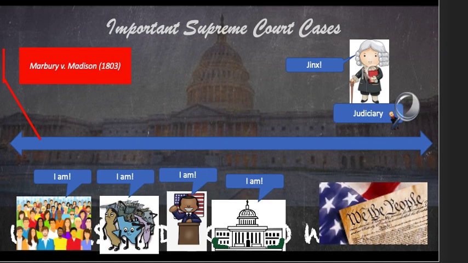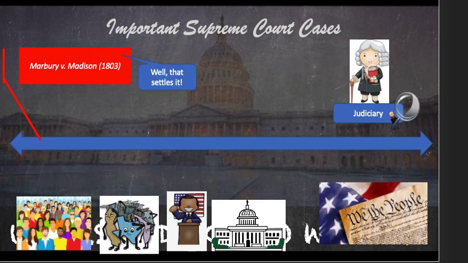Now, we should notice from the very beginning that this is basically everybody saying that they get to make the decision, and the judiciary is just one of those many different groups of people, whether it's the people or the states or the president or the Congress. They're just one part of our government. But basically everybody else over time has agreed that that's the case.